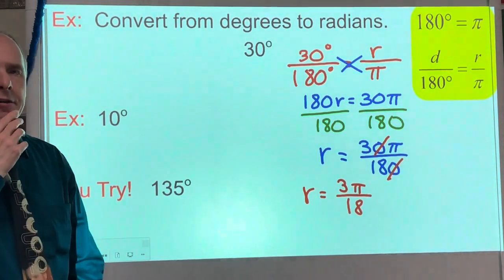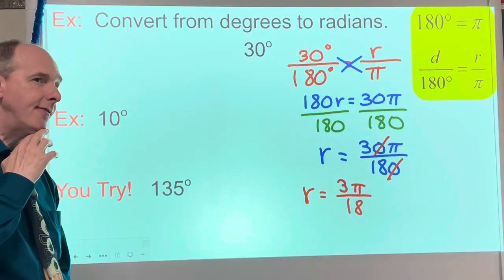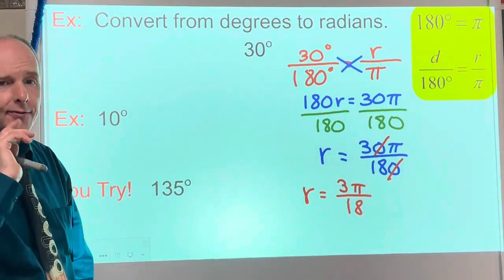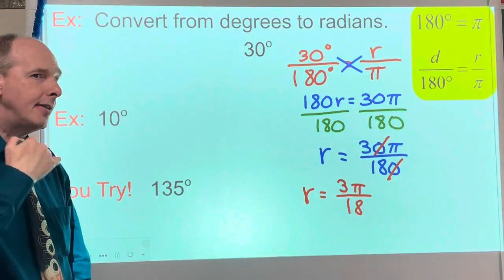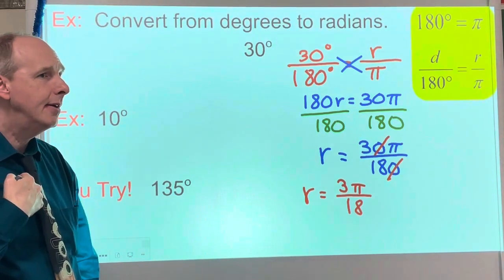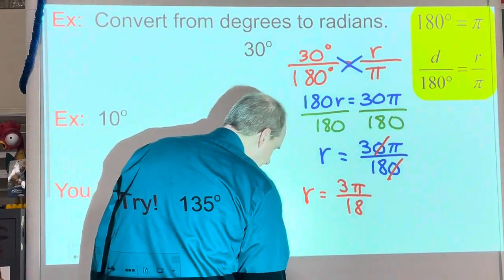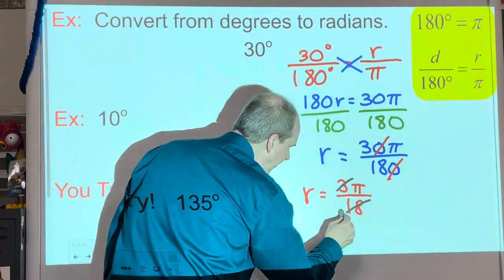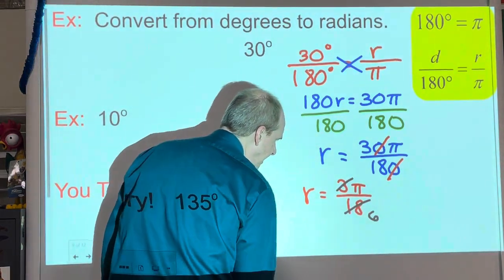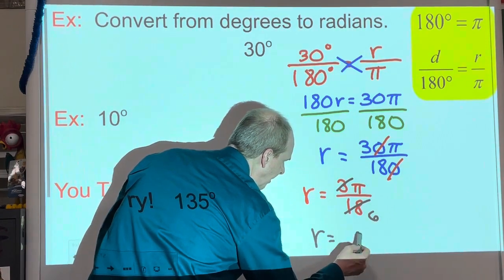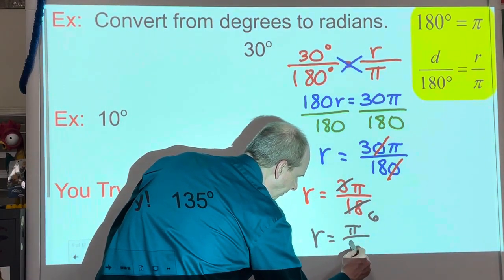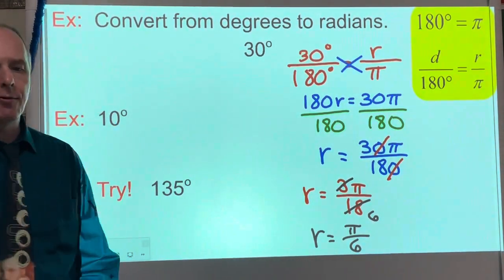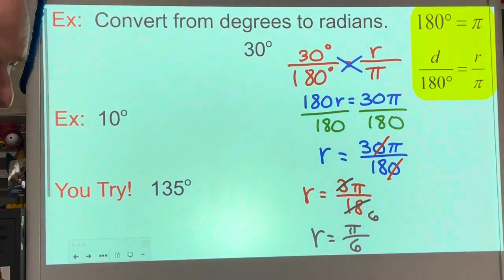And you start asking yourself, does 3 really divide evenly into 18? If you're not sure, on your calculator, 18 divided by 3. 3 divides evenly into 18 6 times. So this is pi over 6.